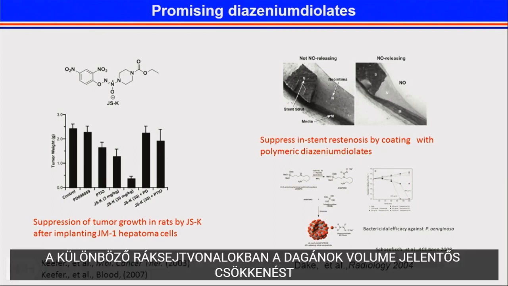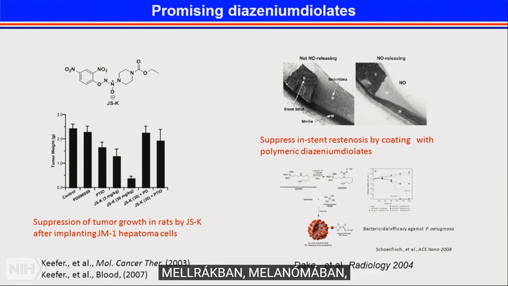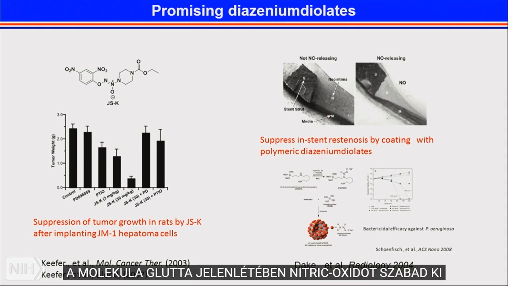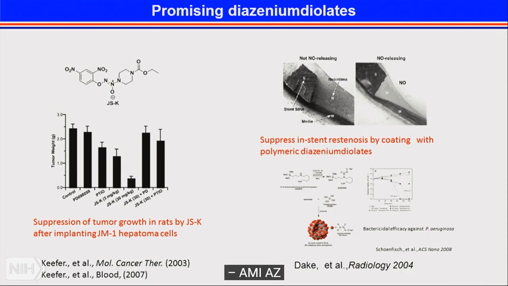They have studied it in breast cancer, melanoma, and in all of them, they saw a decrease in tumor volume. This molecule releases nitric oxide in the presence of glutathione transferase, which leads to cleavage of this bond here, and then this part releases 2 equivalents of nitric oxide.